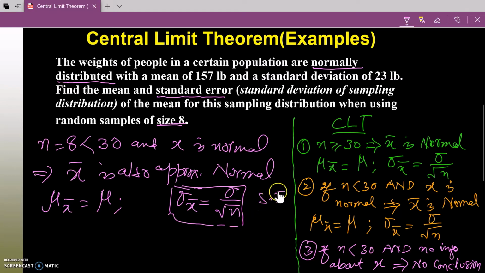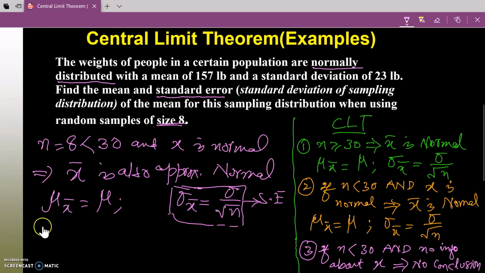Let me write here, standard error of the mean. This standard deviation of the sampling distribution is also called the standard error of the mean. So now we have the two formulas: the formula for the mean, and the formula for the standard error or the standard deviation of the sampling distribution. Now we can compute.